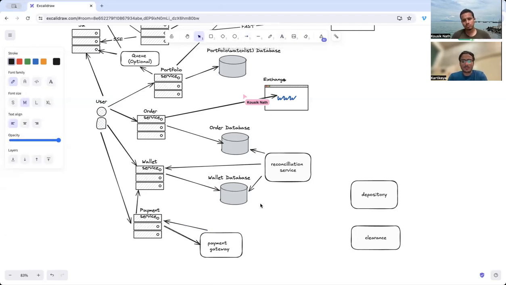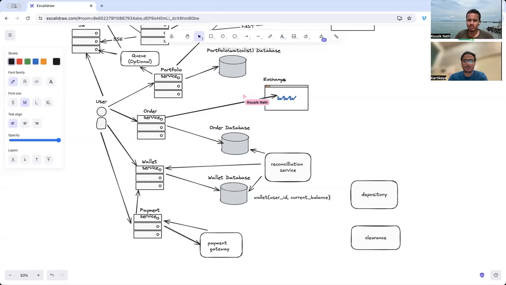One is just the wallet information, which has a user ID, and then let's say current balance, and maybe we can keep information like last modified.